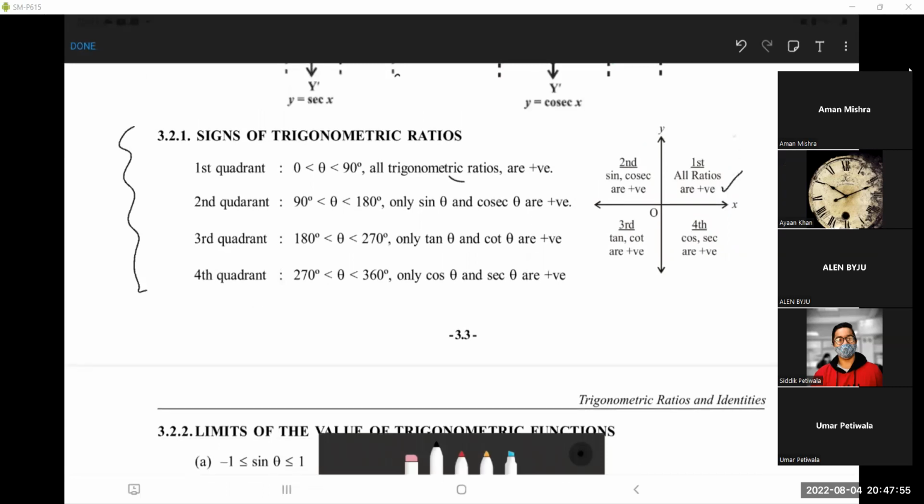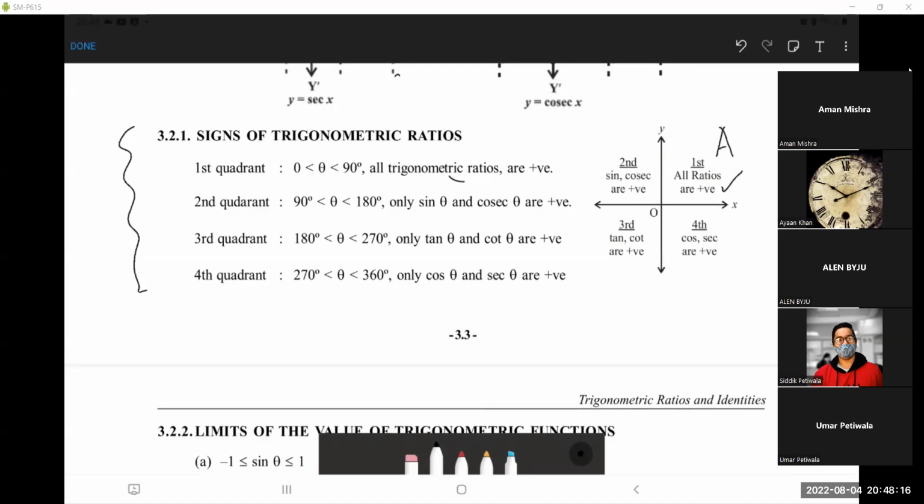Sometimes we write A for All. All ratios are positive. That means all 6 trigonometric ratios: sin theta, cos theta, tan theta, cosec theta, and cot theta are positive.